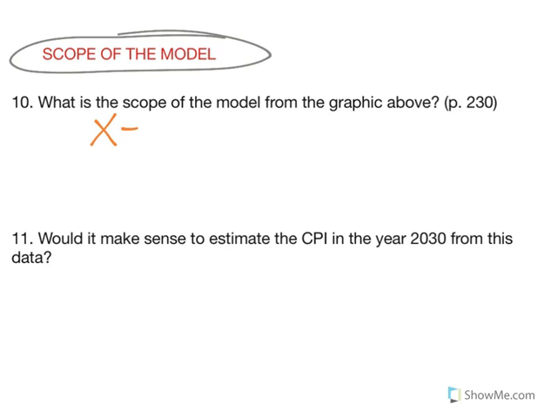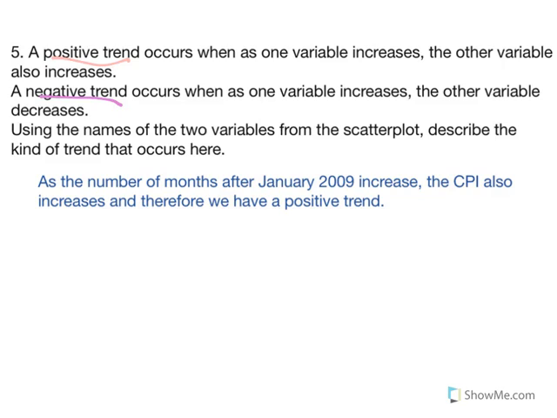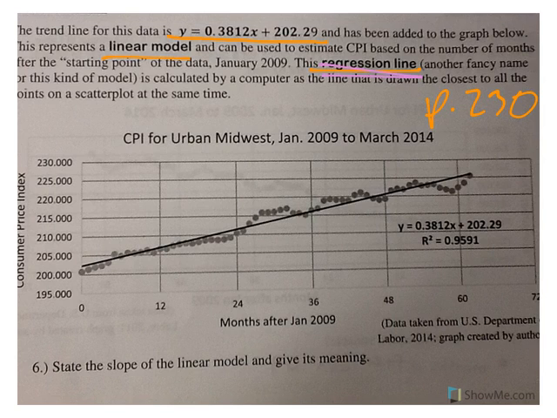So the scope of the model always refers to the x-axis, the independent variable. When we go back to this graphic, and yes, I'm going to do this to you, I apologize, you can see pretty clearly that the data ends right around 62. We don't want to go much farther out than maybe a year.